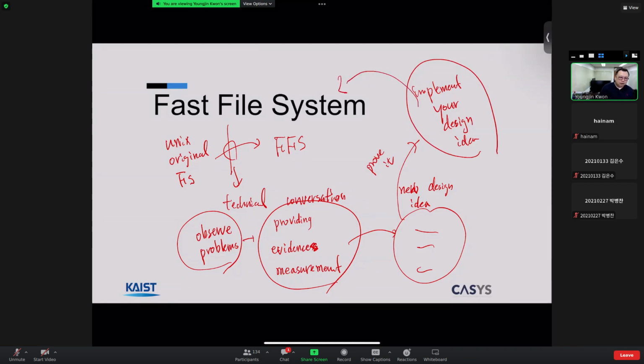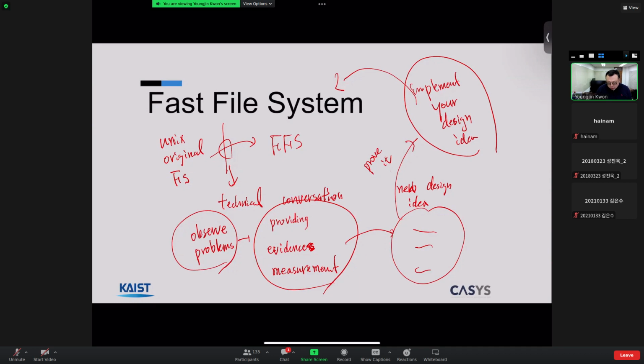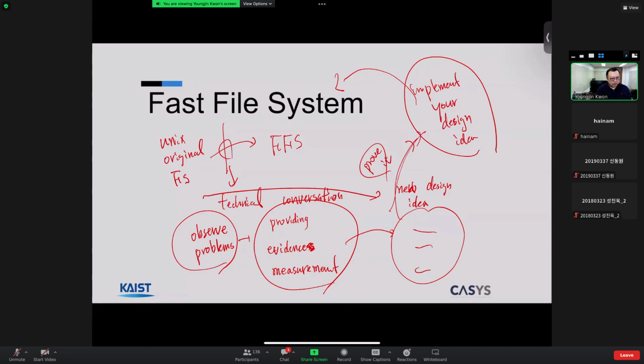These are the typical processes of computer systems research, where you learn some system and find inefficiencies and problems. Then you go through this process to persuade people. If your argument makes sense at a high level, and you correctly implement and prove it, then your paper is accepted. That's the high-level process.